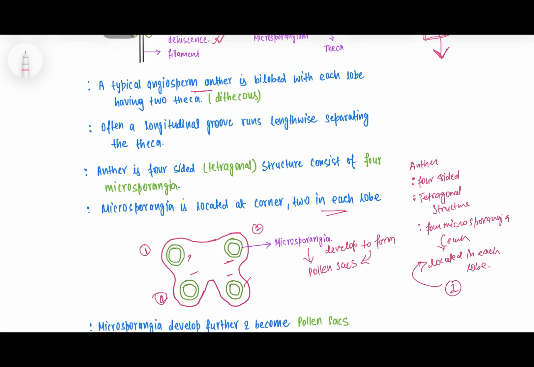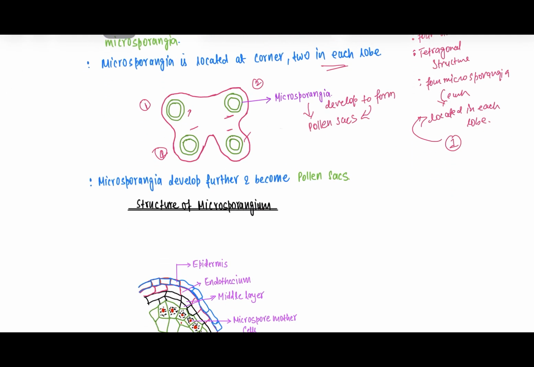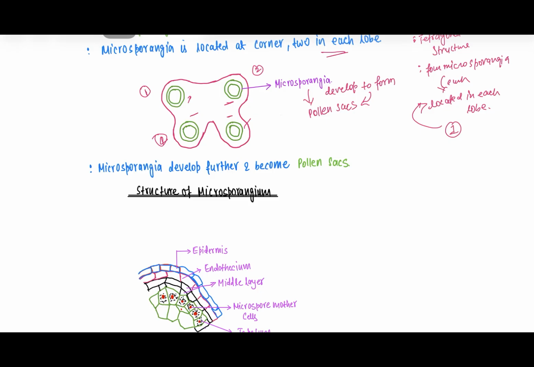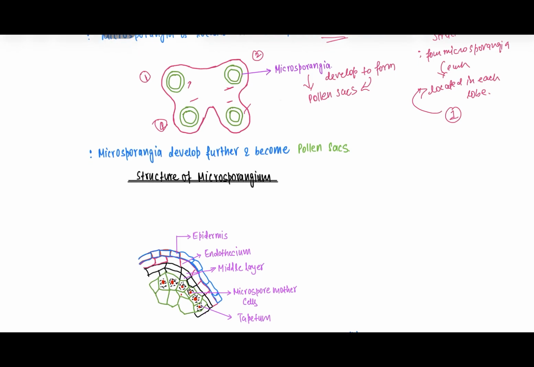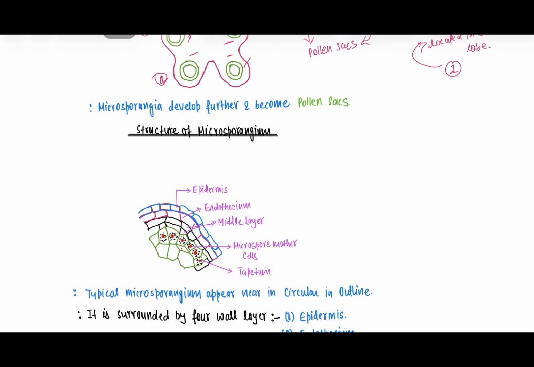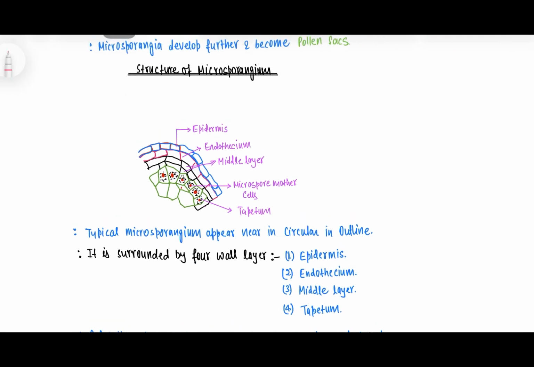Okay, next we'll move on to microsporangium, assuming that you all have a clear concept of the male flower reproductive structure. Here we will be seeing a structure diagram of a microsporangium.